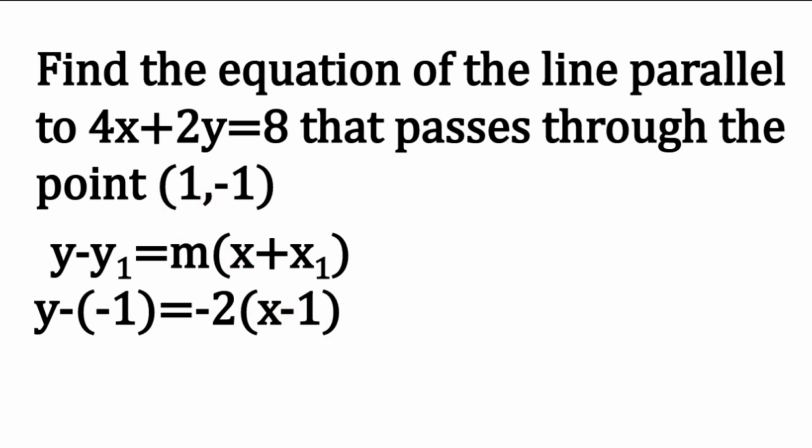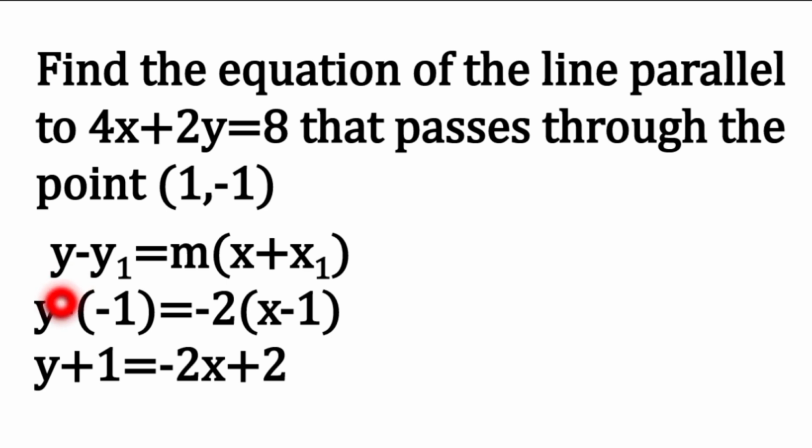Then simplify. This becomes y plus, negative times negative is positive, y plus 1 equals negative 2 times the quantity x minus 1. If you distribute this, this is negative 2x, then multiply by negative 1 is positive 2. So y plus 1 equals negative 2x plus 2.